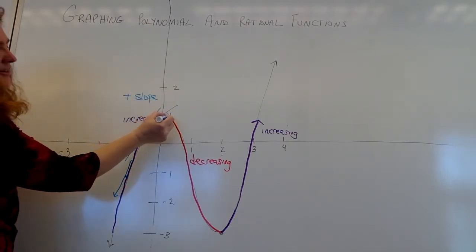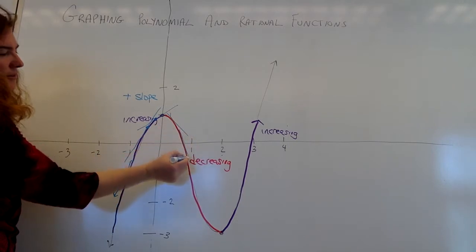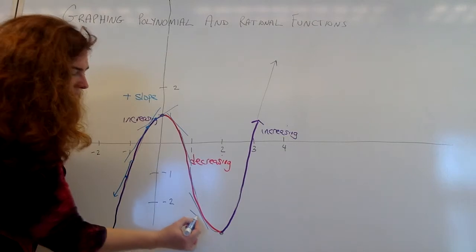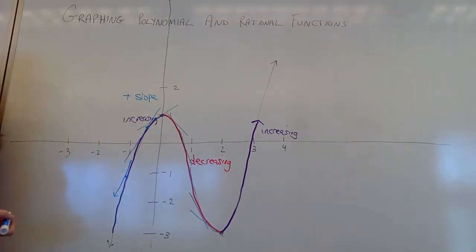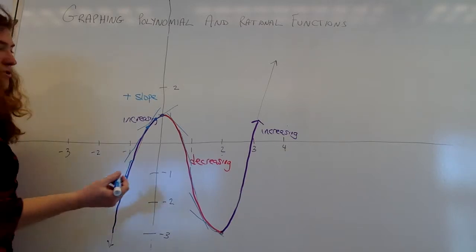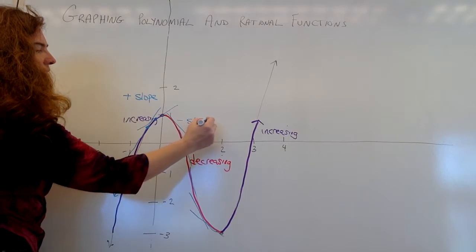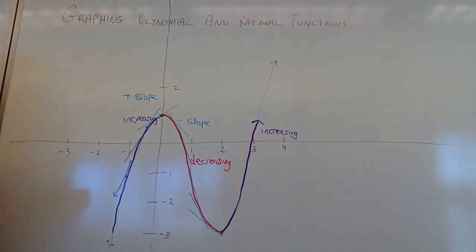Where I'm decreasing, what do you notice about the slopes of the tangent lines? What you should notice is they all have a negative slope.